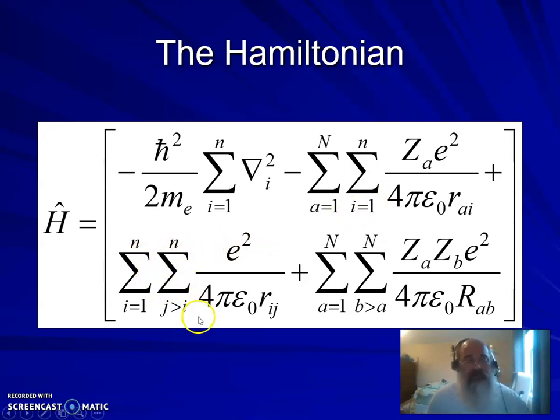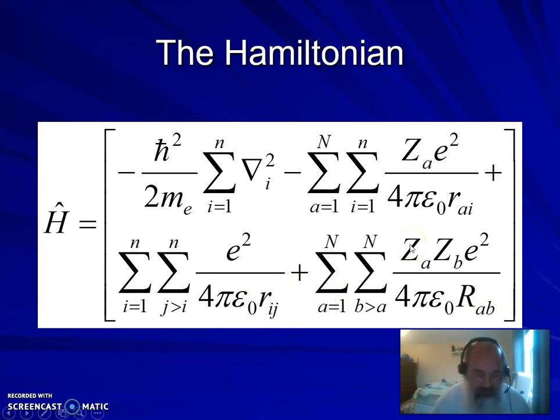So that happens with this double sum here, where we only look at each electron as it deals with an electron with a number greater than it, and then the same thing for the nuclei. And these Z's are the charges on the nuclei. Capital R is distance between individual nuclei, and lowercase r is distance between each electron.